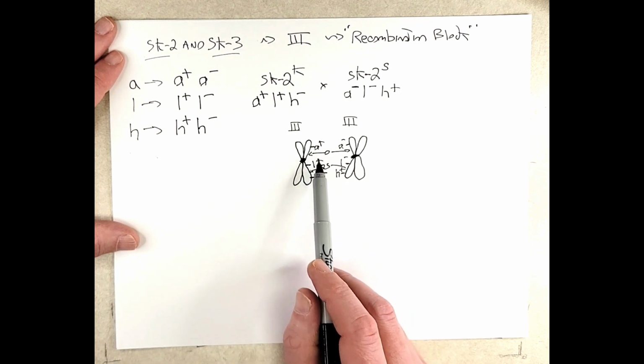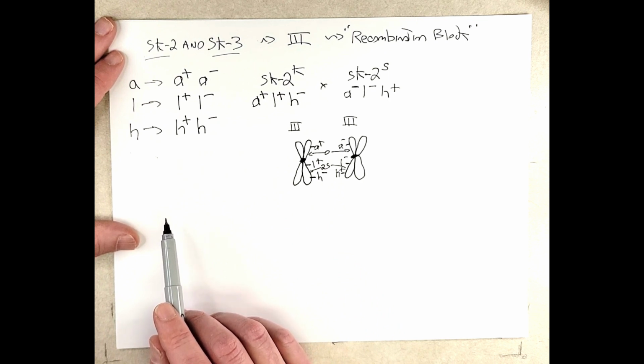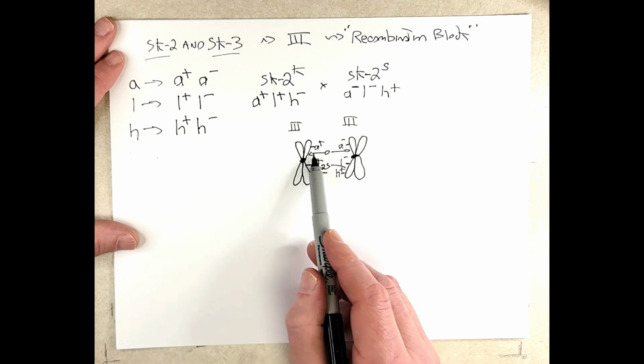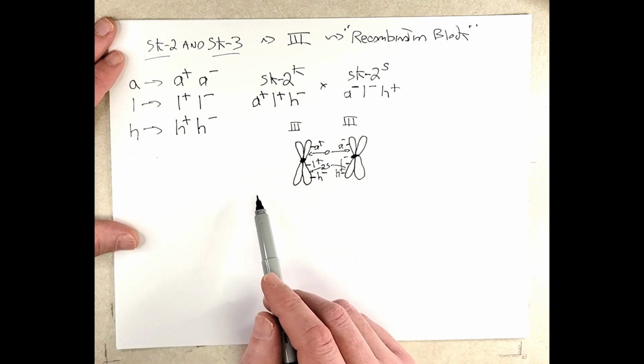So this data suggests there's some sort of recombination block or recombination suppression going on. No crossing over is allowed between these 2 genes. So this was the first evidence they have for that.